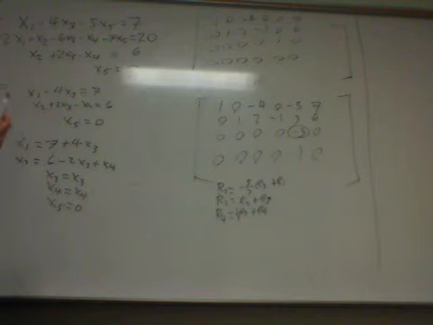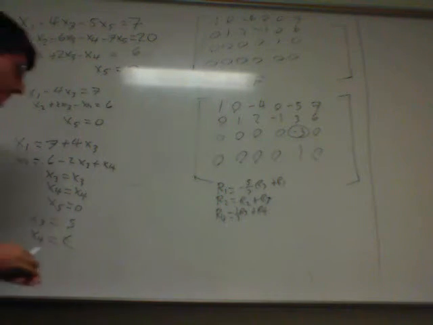We want to write our answer as a vector equation. So I'm going to assign x3 to s, and x4 to t, so I can write this as a parametric equation.